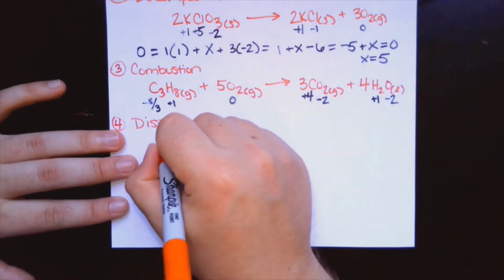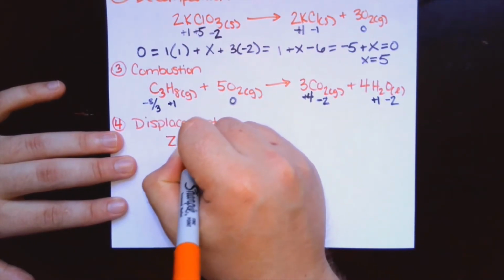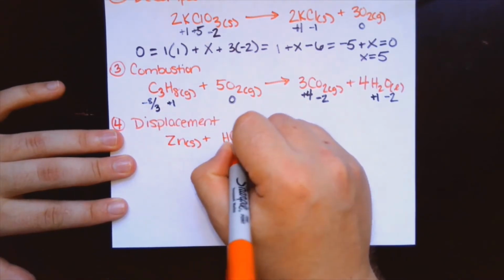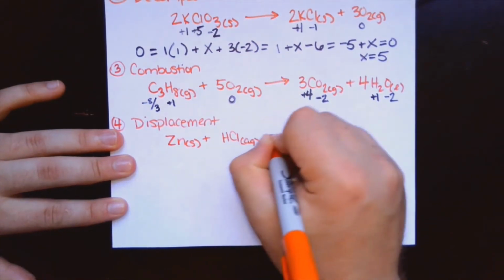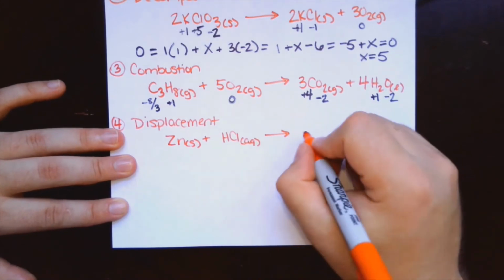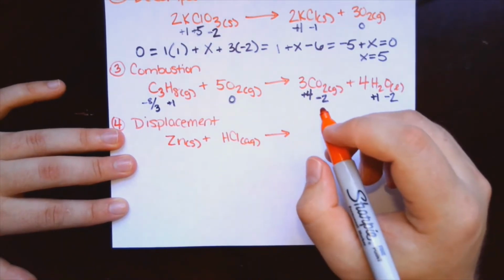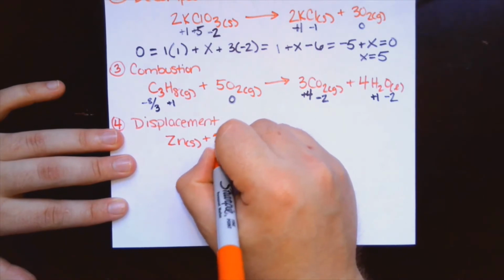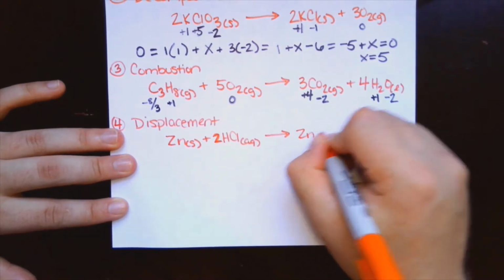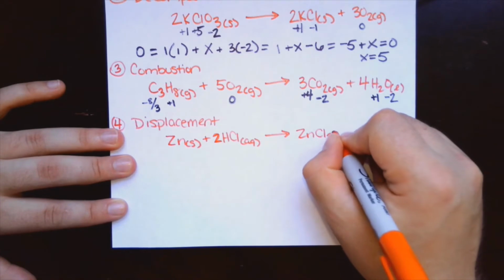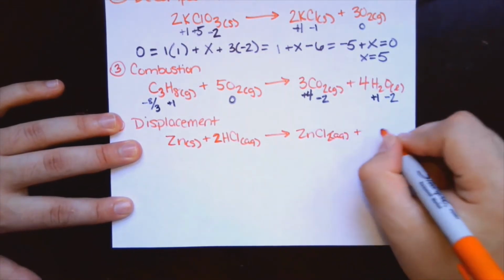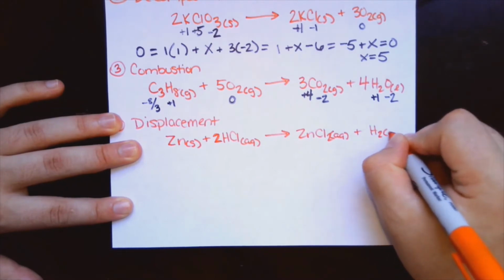So let's say we have solid zinc reacting with aqueous hydrochloric acid. That's going to produce, I'm sorry, there should be a 2 here. It's going to give zinc chloride plus H2 gas.